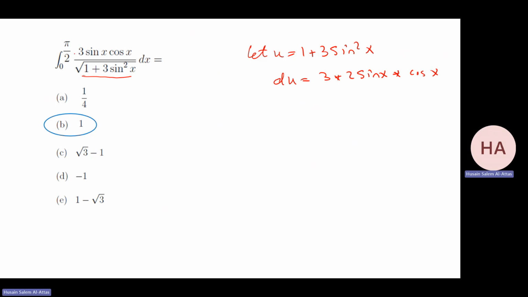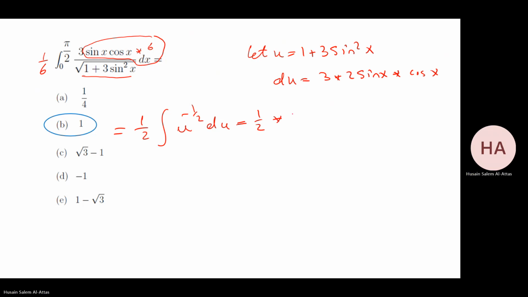So I need to multiply by 2 here and outside by 1 over 6. The answer will be half. This is my du. 3 over 6 is half. So I have half du over square root of u. That will be half times 2u to the power half plus c.